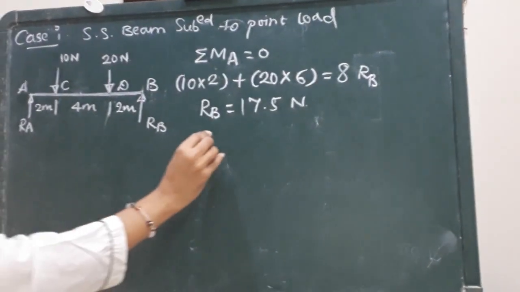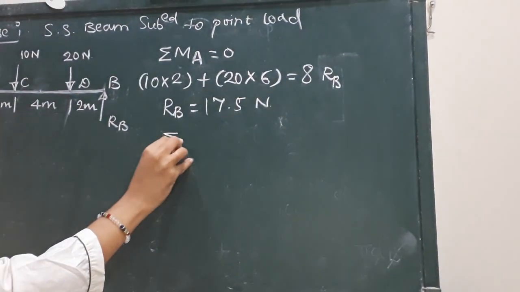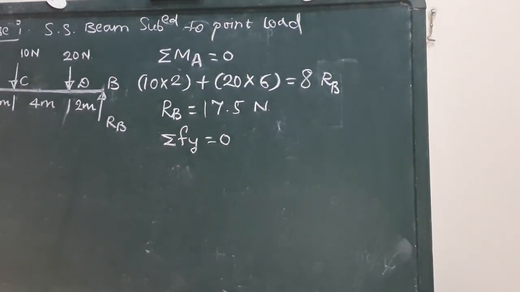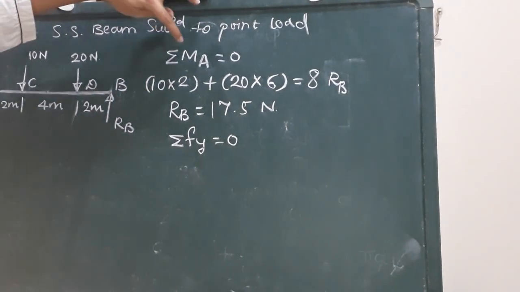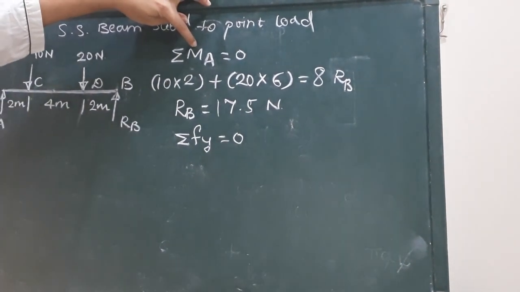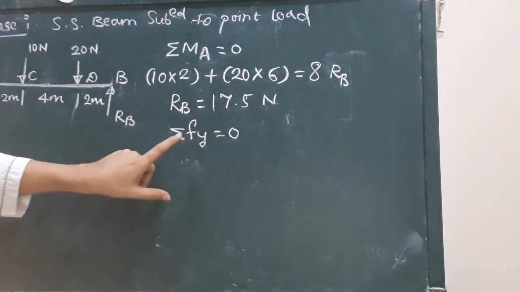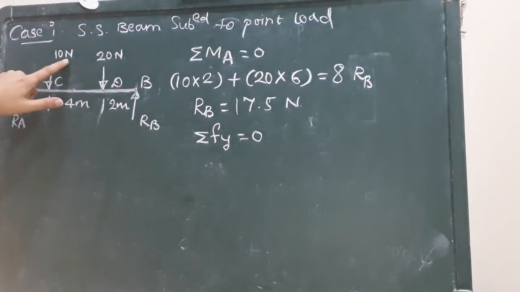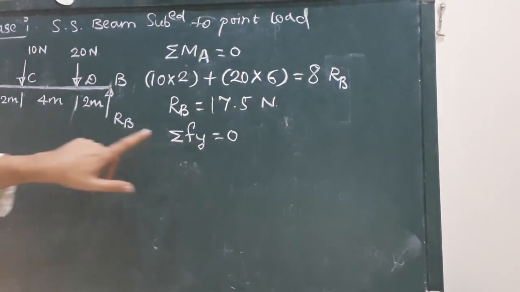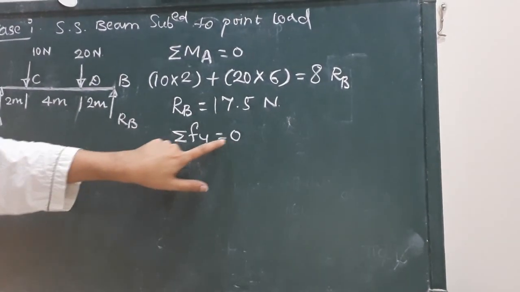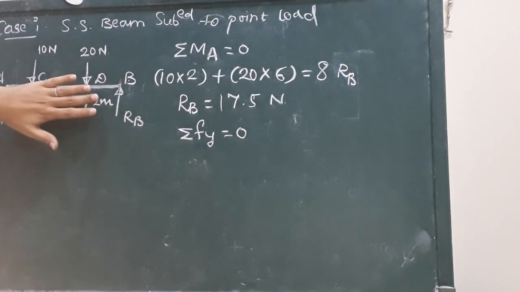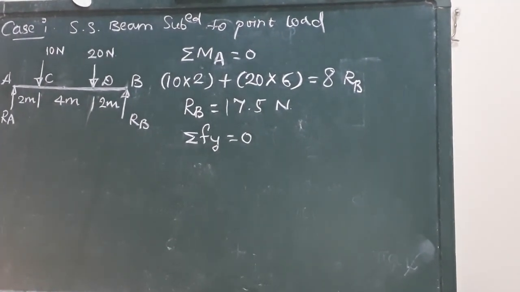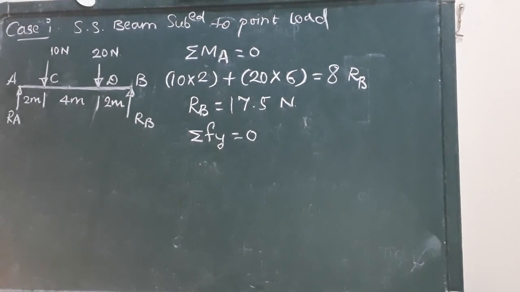Now you have to take a second analytical condition of equilibrium, that is sigma Fi equal to 0. Here we had taken a moment, that is force into perpendicular distance. Here we are taking the summation of forces, and forces are in terms of Newton. Summation of Fi equal to 0 indicates all the upward forces must be equal to all the downward forces to keep the section in equilibrium, right?